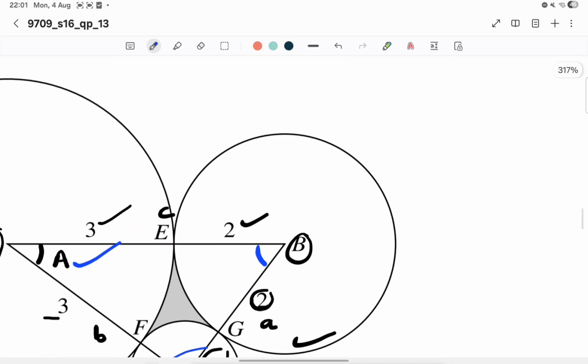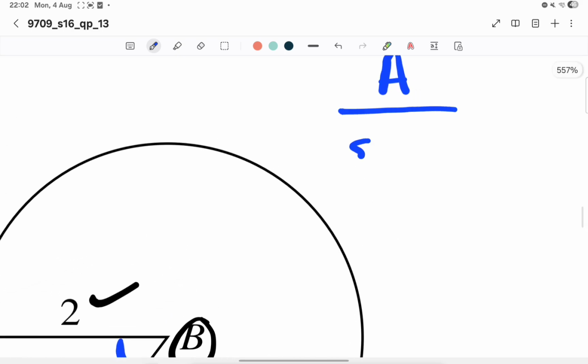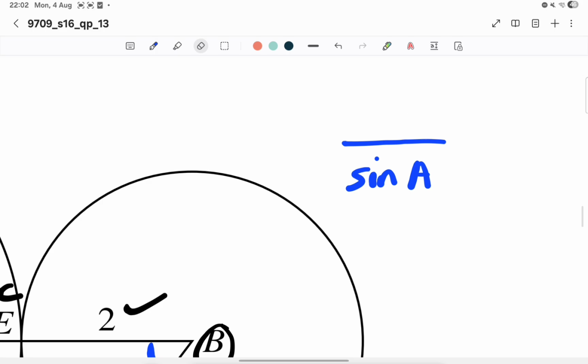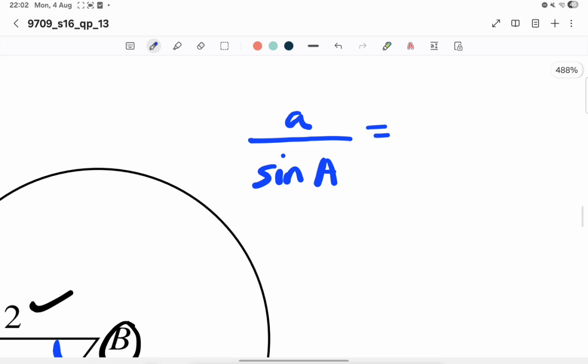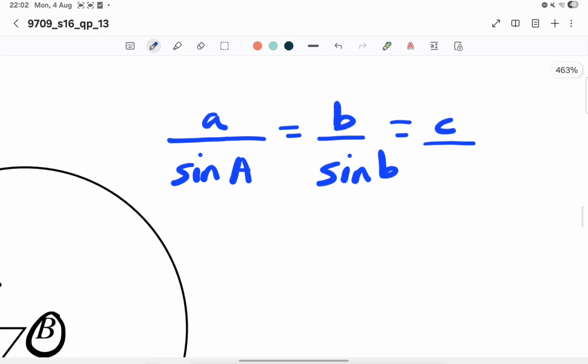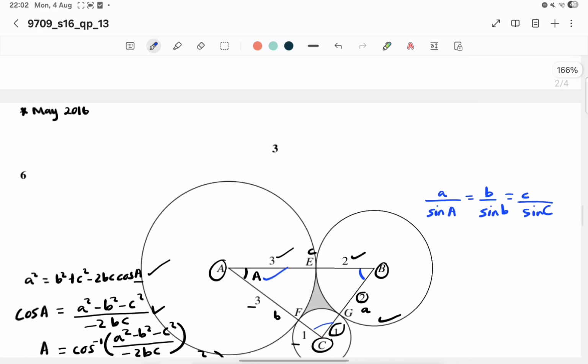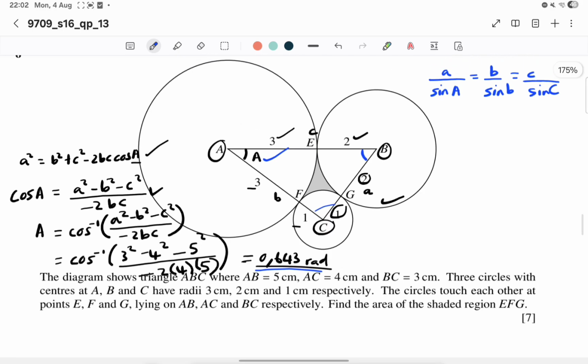Remember, the sine rule says that if we have a side a over its corresponding angle, it's equal to the other side over its corresponding angle, which is also equal to the third side over its corresponding angle. So now we have the angle at A, meaning we have this ratio.